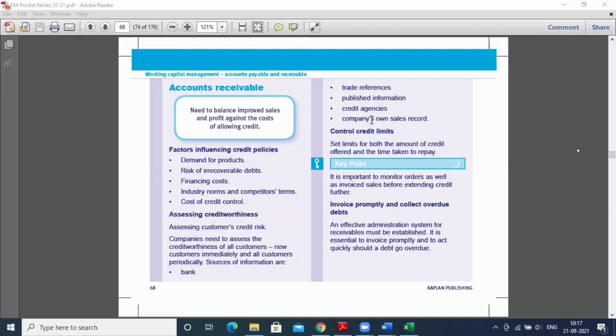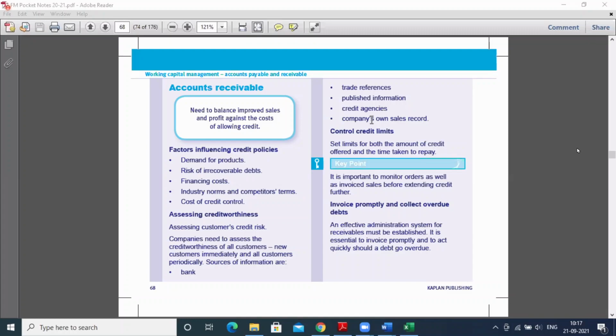And yesterday, I clearly explained the meaning of this producer goods. So the company, with an intention to maximize the profit, might sell the goods on credit basis and allow a certain credit period to the customers to repay the amount, and collecting the amount from the customers is considered as one of the most challenging tasks for the company.